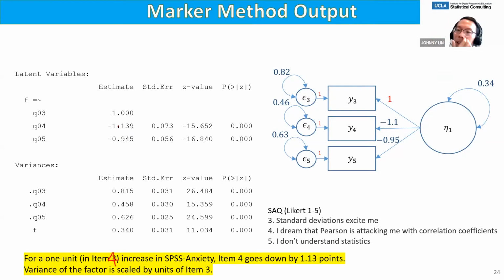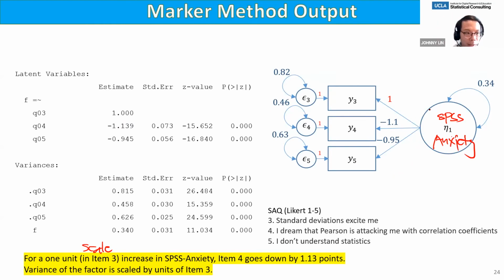So for a 1 unit increase in SPSS anxiety, because remember SPSS anxiety is our predictor right here. And if you've interpreted regression coefficients, it's kind of the same thing, right?